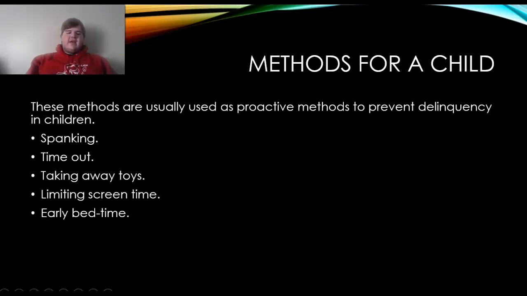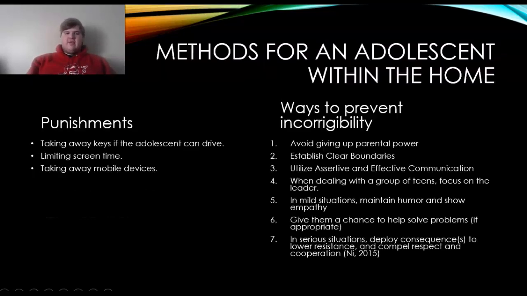So these methods would be spanking, taking away their toys, timeouts, early bedtime, limiting screen time. If they have a phone, taking it away, stuff like that. All methods that can be used in the early years so it doesn't carry over to their later years in life.